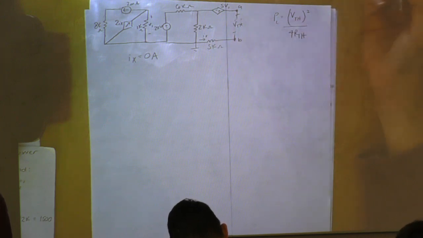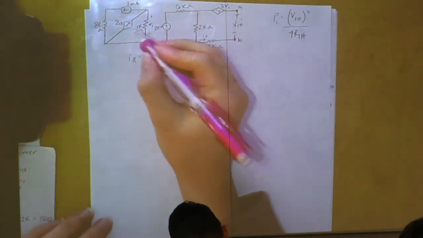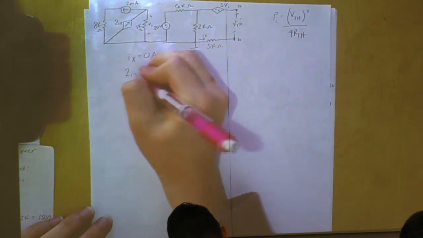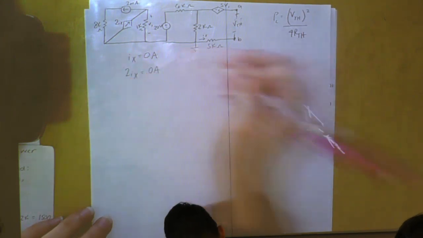Is everyone okay with that? And then our dependent source over here is also going to equal 0 amps.